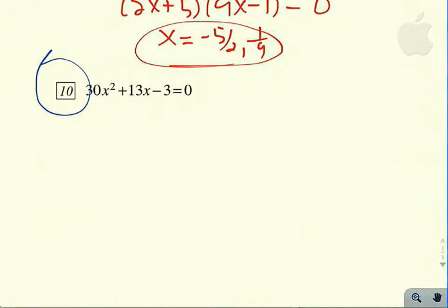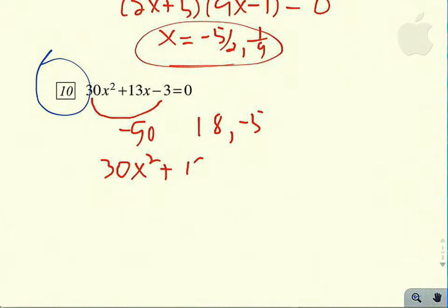One more of these. Multiply these, you get minus 90. Two numbers that multiply out to minus 90 and add up to 13. How about 18 and minus 5? So 30x squared plus 18x minus 5x minus 3.